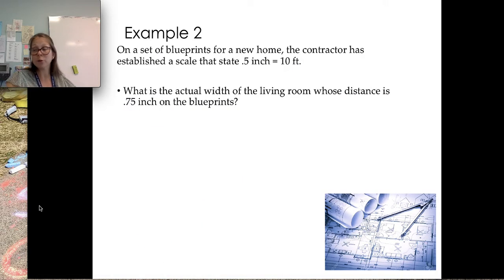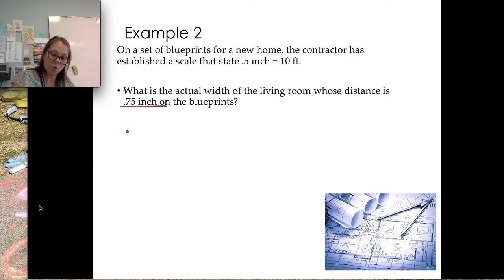Example 2, why don't you try this one on your own? Pause the video and then press play to see the answer. On a set of blueprints, we have the same scale here, 0.5 inches is equal to 10 feet. We want to know what is the actual width of a living room whose distance is 0.75 inches on the blueprint.